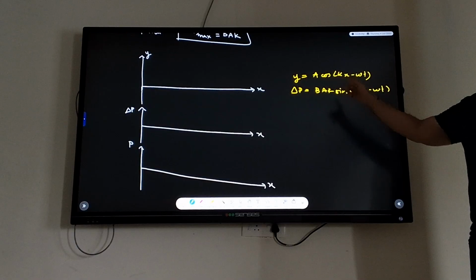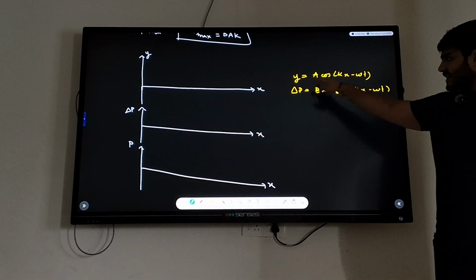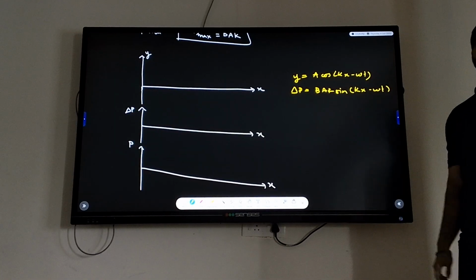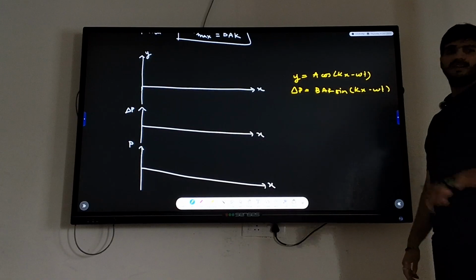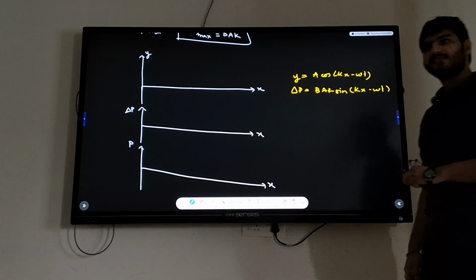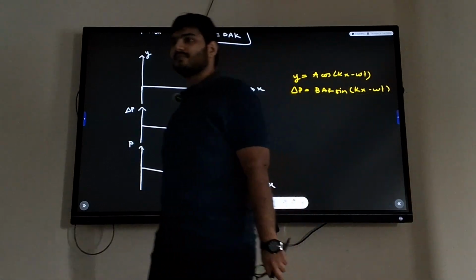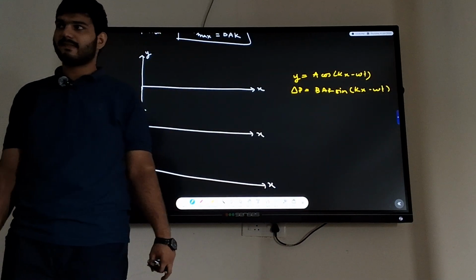What about amplitudes? Amplitudes are different or not? One of them is A, one of them is BAK. This could be greater than A, this could be less than A. Depends on the k value entirely. What about the phase difference? Do they have a phase difference? They don't.